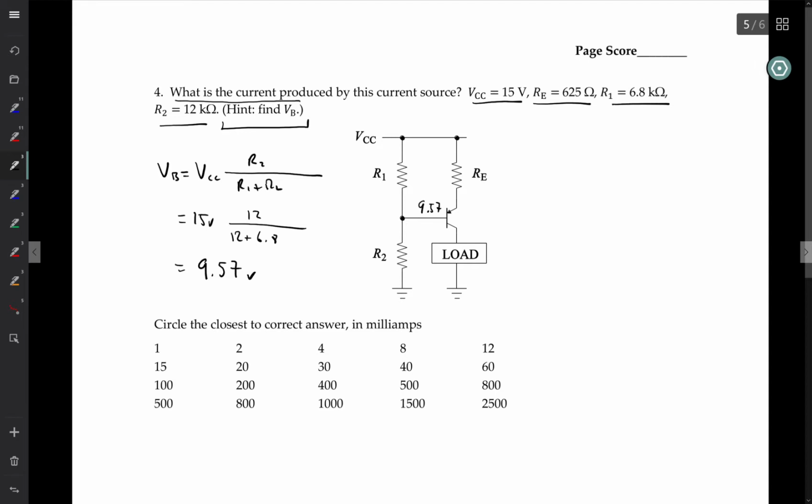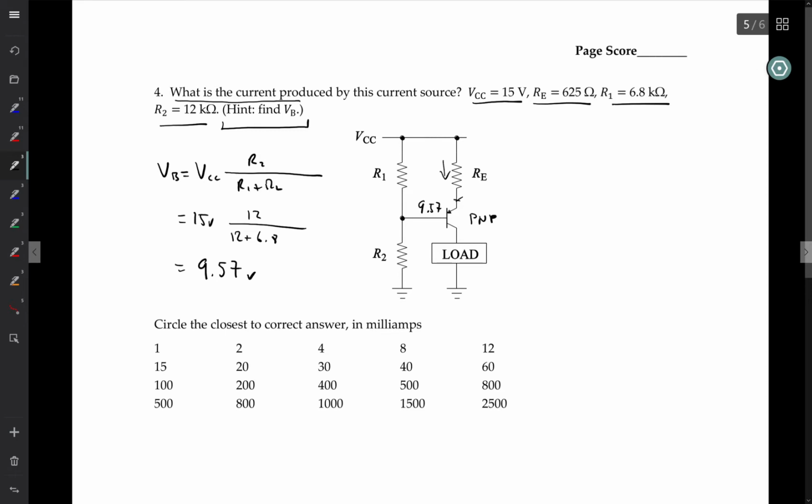Now I happen to know that this is a PNP transistor, because the little arrow is pointing in, and that means that this point here is going to be 0.6 volts above the base voltage because the current is flowing this way.